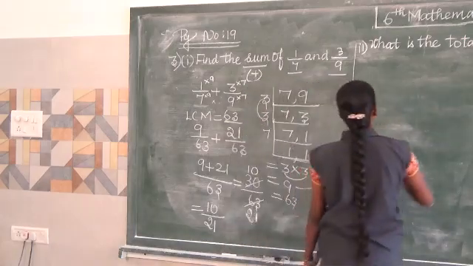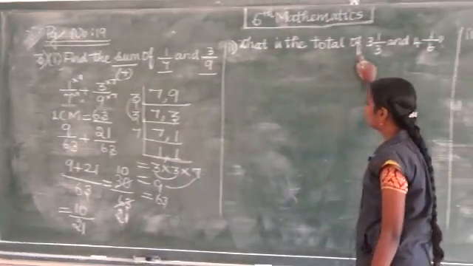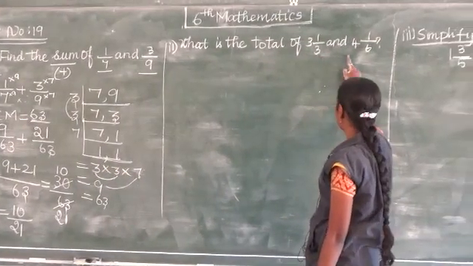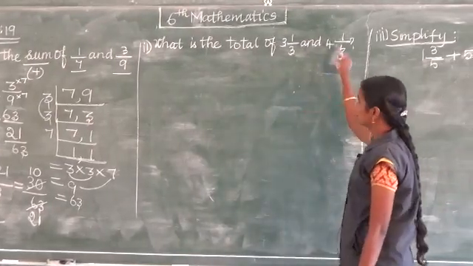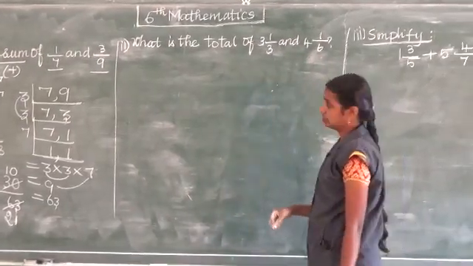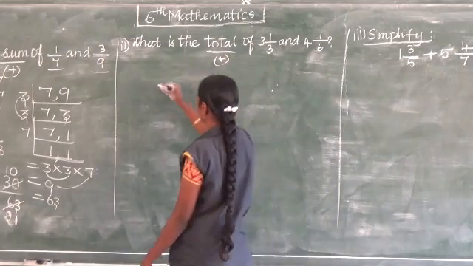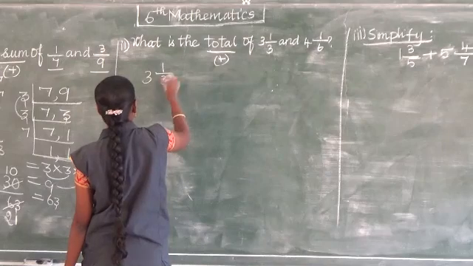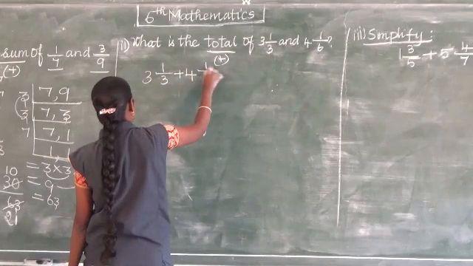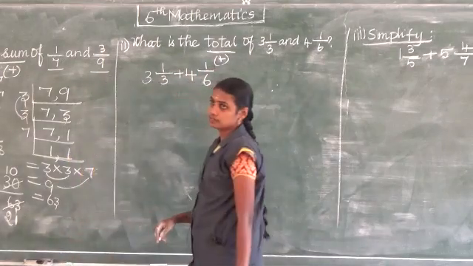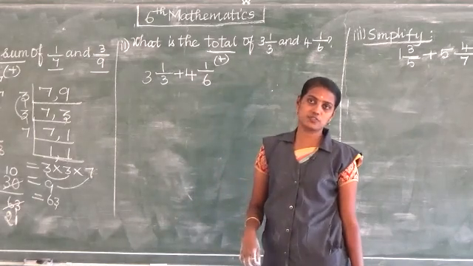The next question: what is the total of 3 1 by 3 and 4 1 by 6? Total means plus. 3 1 by 3 plus 4 1 by 6. It is a mixed fraction.